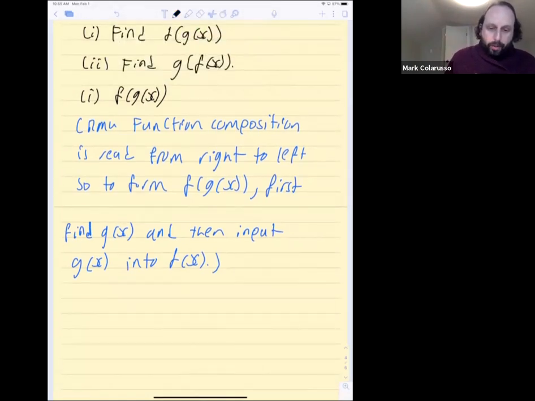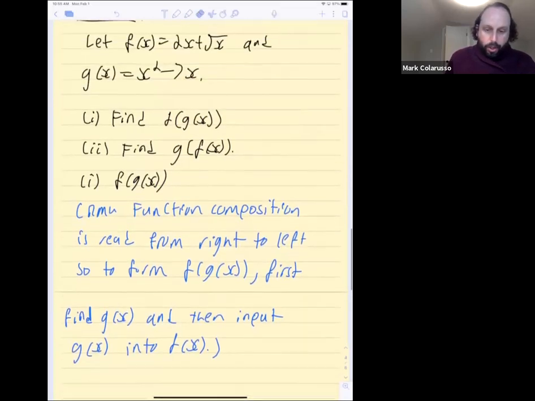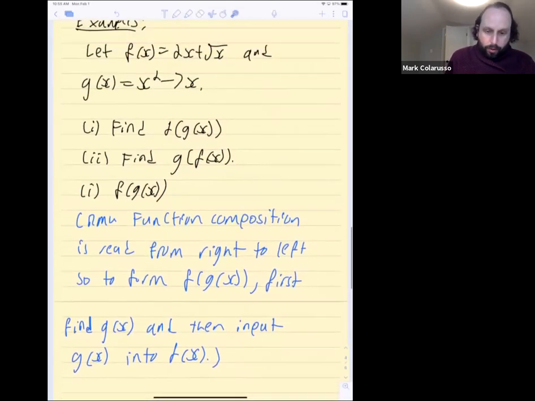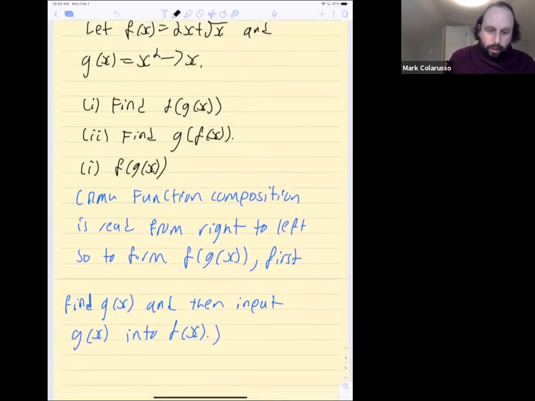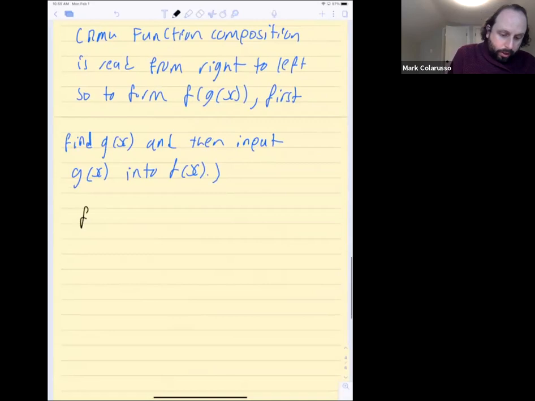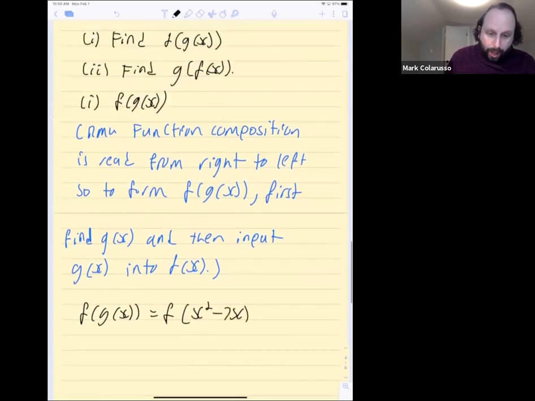Okay, so let's do that. So what are we given? And I'll go back up here. So our g is this fellow, x squared minus 7x. So you first form that, and then you plug that in to f. So f of g at x is f of x squared minus 7x. So what is f?